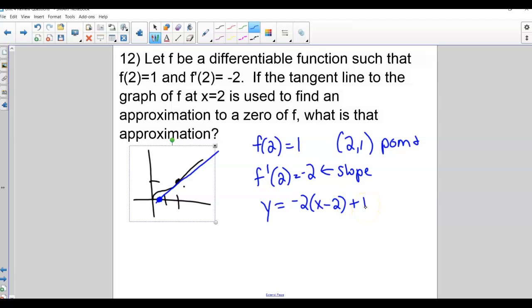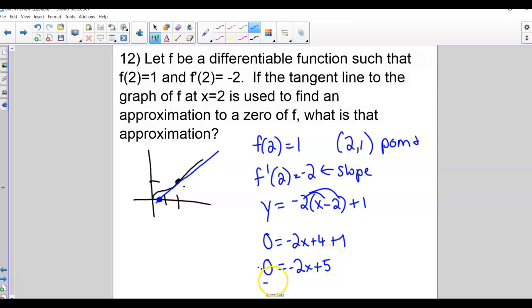So what we want to know is where this crosses the x-axis. And if we want to know where it crosses the x-axis, then we would plug in 0 for our y. So we would have 0 equals negative 2x plus 4 if we distribute here, plus 1. So we get 0 equals negative 2x plus 5.